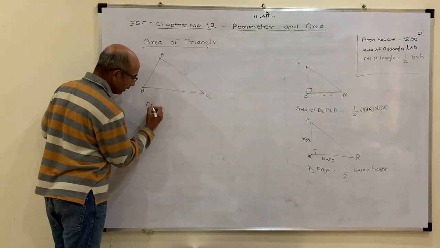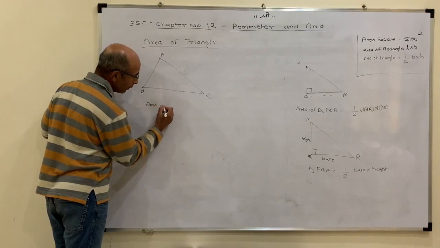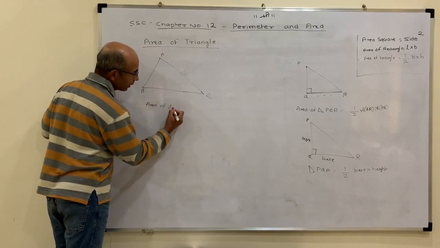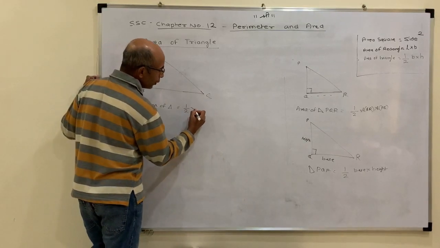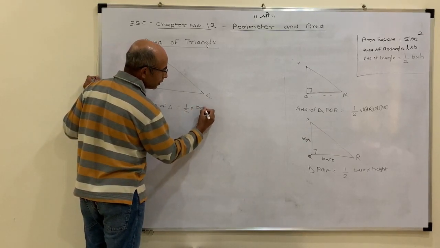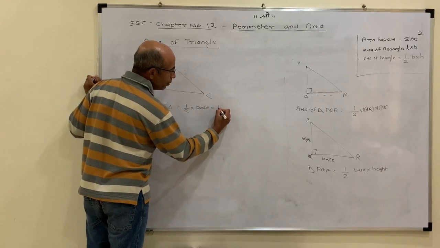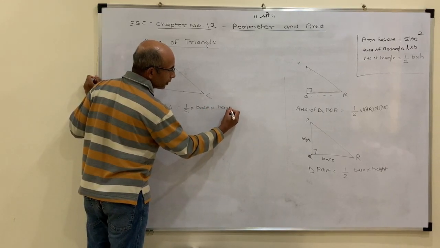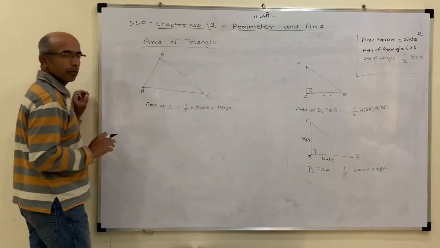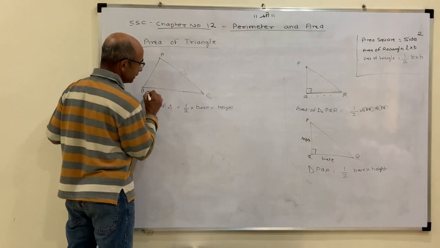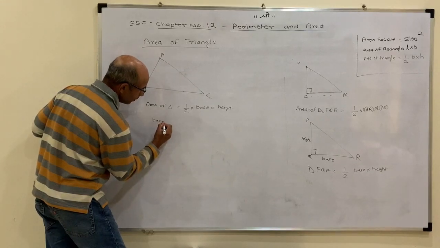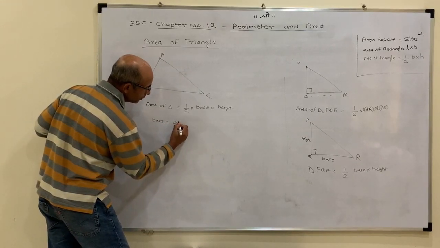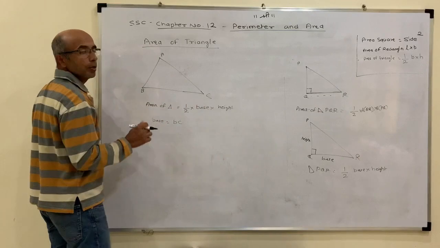Area of a triangle equals half of base into height. Base I have, that is BC. My base equals BC. But what about the height?